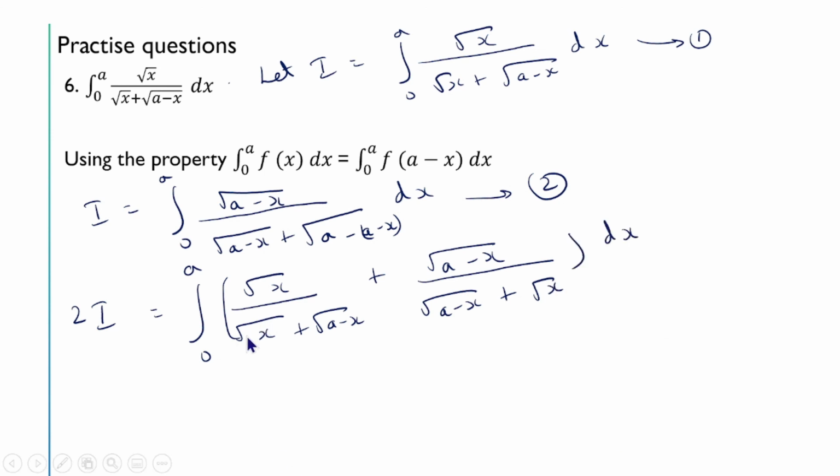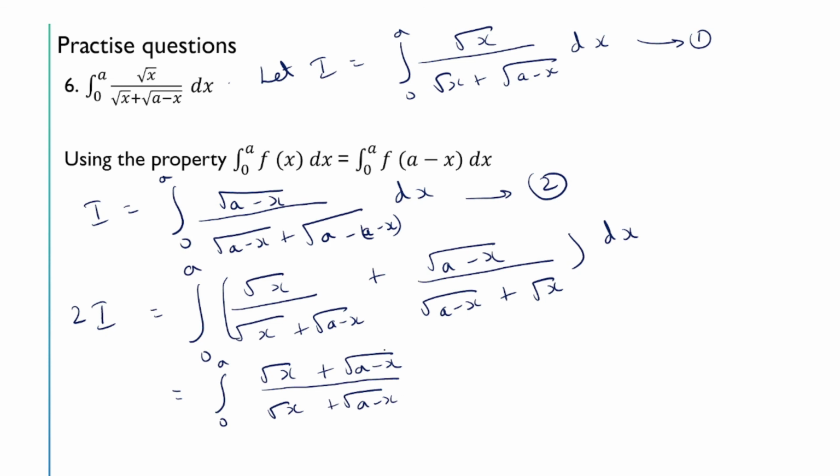So here the denominator is the same, it is root x plus root of a minus x. So the LCM is the same, so we can add the numerator.